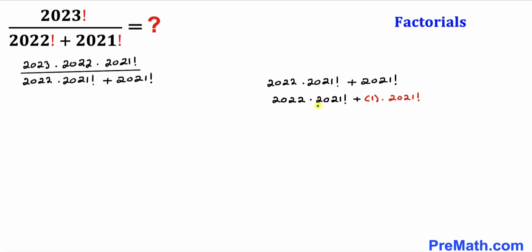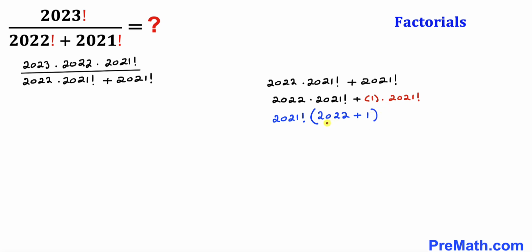And now we can see 2021 factorial and this 2021 factorial are in common. So therefore, I am going to factor 2021 factorial outside, and then I'm going to write down this part, 2022 plus, and then this part as well over here.